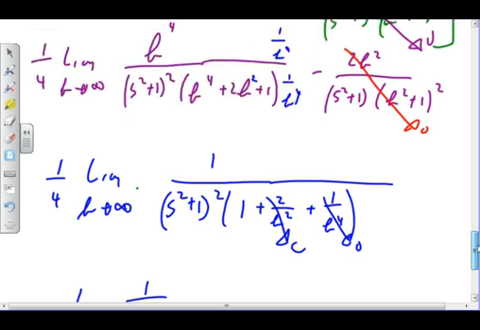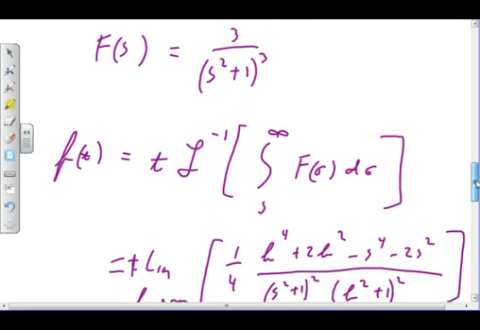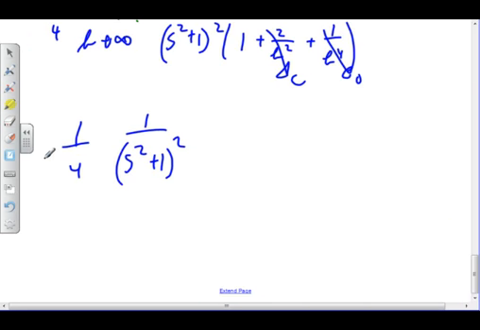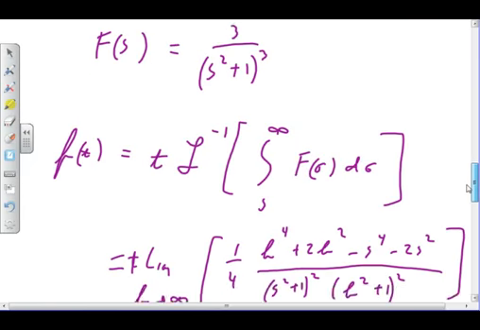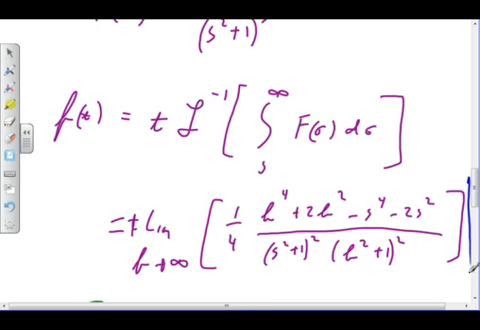Now, what is that supposed to be? Limit. So here I'm taking the inverse Laplace transform of that thing. So I got a t in front of it is all I need. So if I put a t in front of it, this is my, no. I still have to take, I haven't taken the inverse Laplace transform yet.